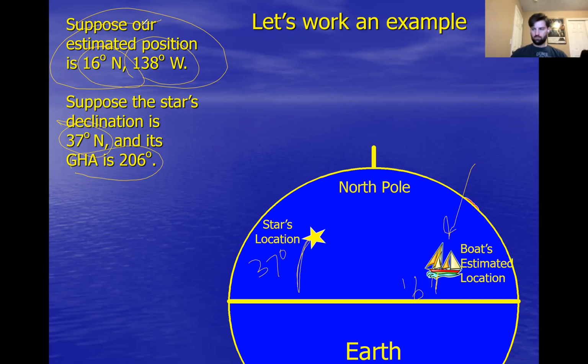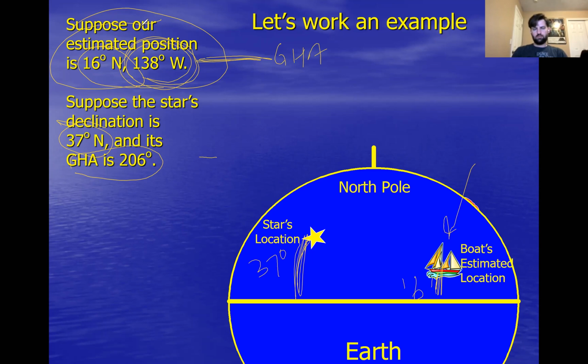That means if we start at the Earth's prime meridian and go westward 206 degrees, that will be where the star is. For us, our longitude was 138 degrees, so again, start at the prime meridian and go westward 138 degrees. I prefer to call it our GHA.